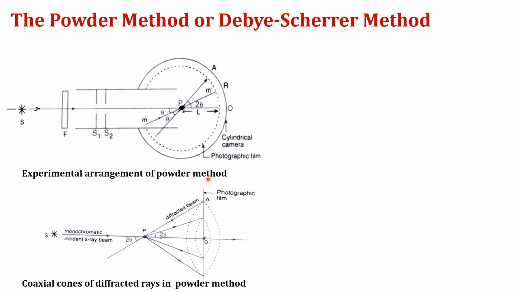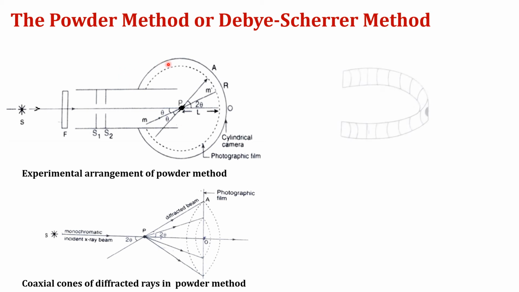Their intersection with the photographic plate, a plane normal to the incident beam, forms a series of concentric circular arcs. From the resulting data we get the radius of each arc and the glancing angle theta. Hence, as the glancing angle theta is known and the wavelength lambda is fixed, the spacing between the planes can easily be determined using the powder method.